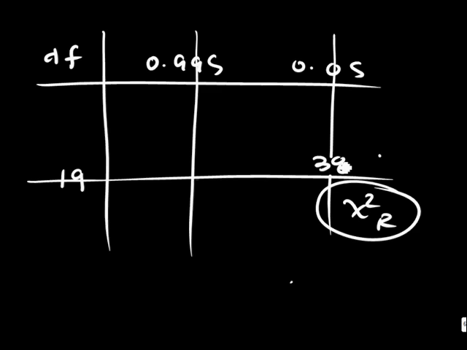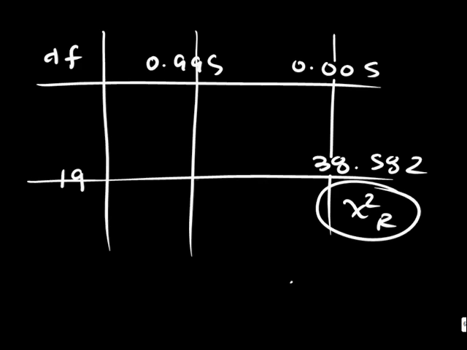Because this is not 0.05, it is 0.005. That is 0.5%. So row 19, 0.005 column is 38.582.